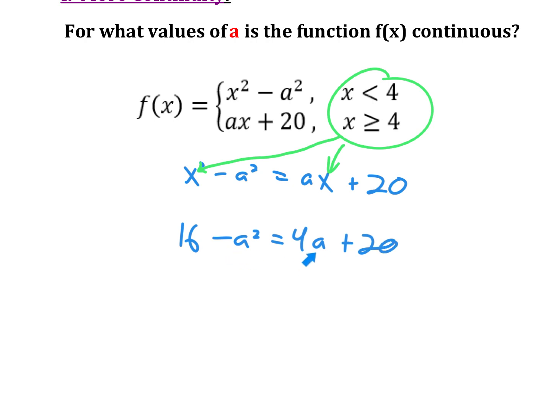I'm noticing I have an a squared and an a, which means I have to set this thing equal to 0 and factor it. I'm not thrilled that this a squared is negative, so I'm going to take all of this stuff from the left-hand side and throw it over to the right-hand side. So I have 0 equals a squared plus 4a, and then I'm subtracting 16, so this would be plus 4.